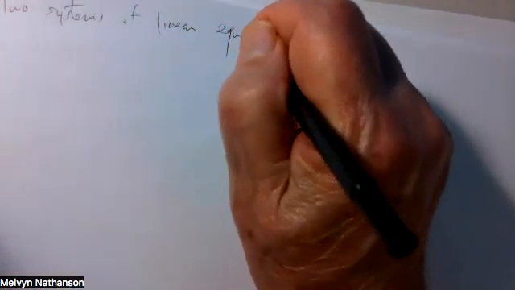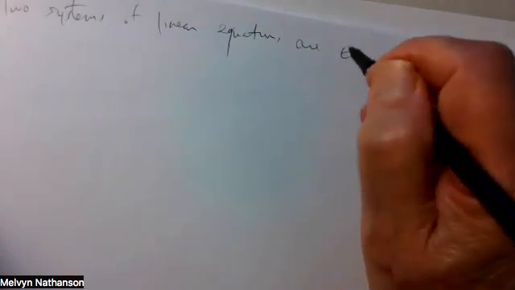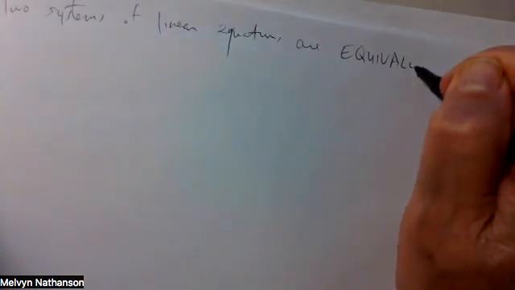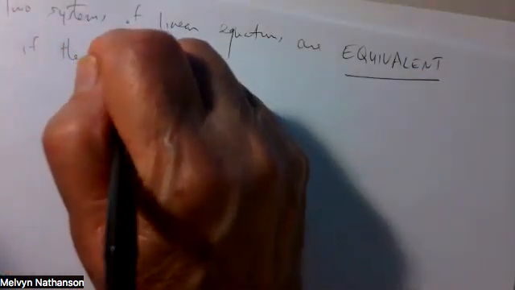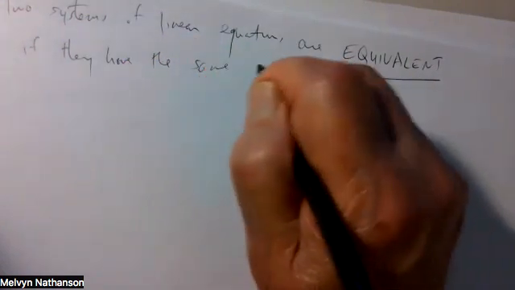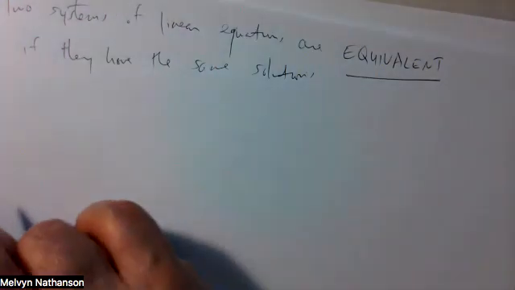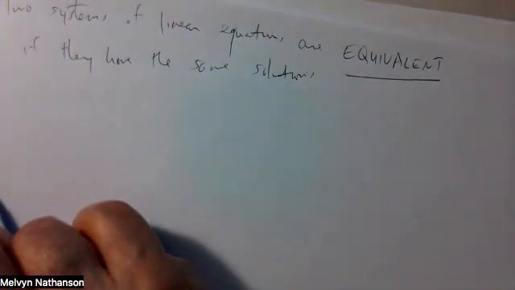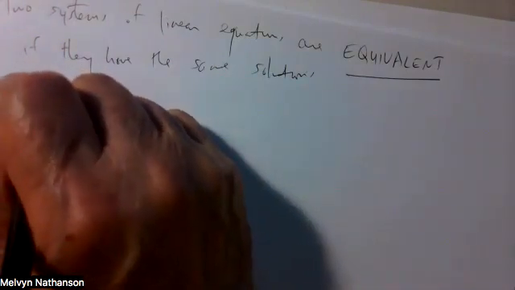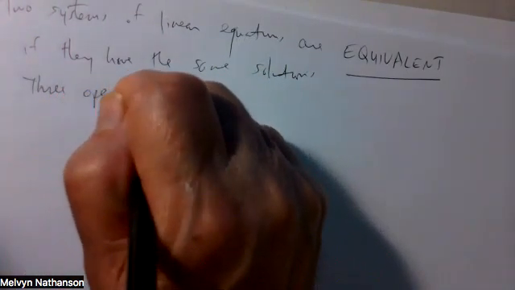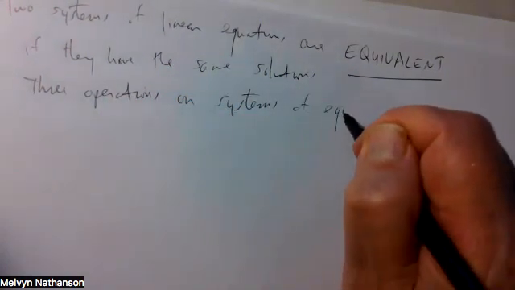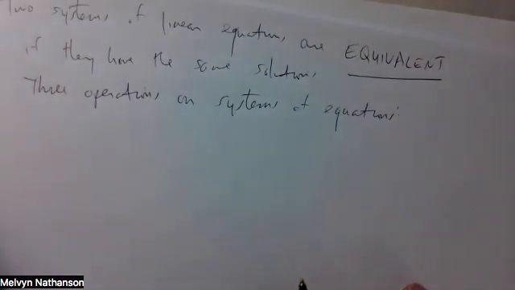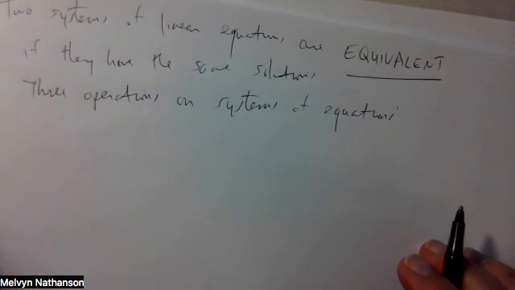Two systems of linear equations are called equivalent if they have exactly the same solutions. And for systems of linear equations, we had three operations on systems of equations that produce equivalent systems of equations.